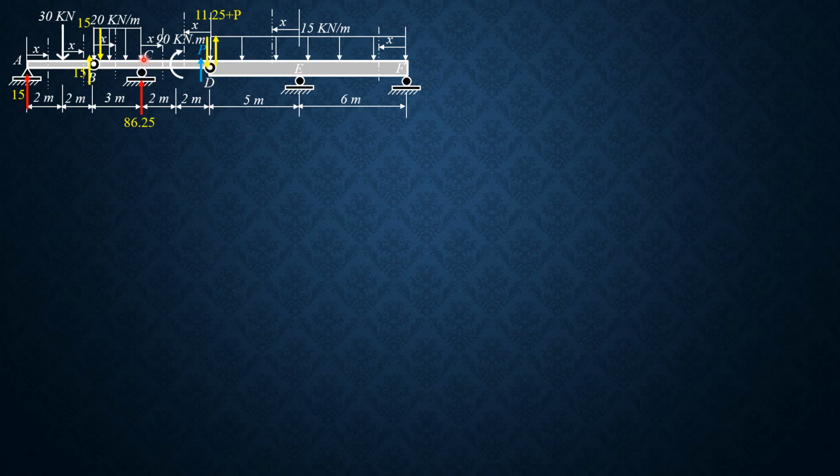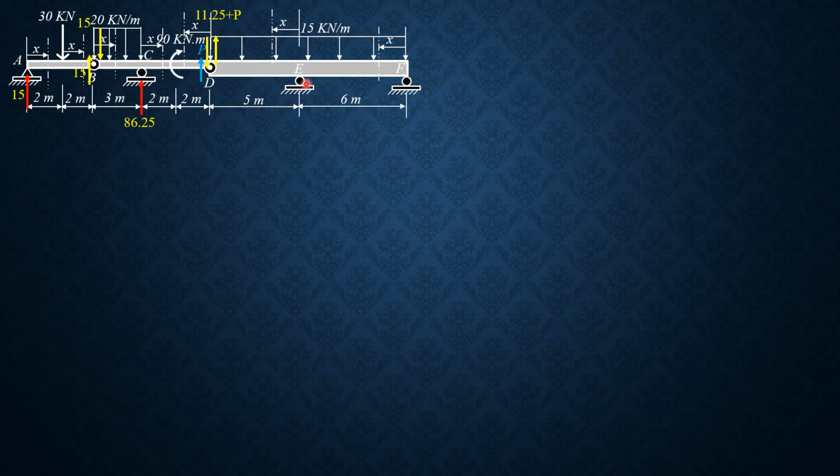Or if you sum up moment about C, just consider P. So reaction times 4 equals P times 4. That's why you have 4P over 4 is P. So here at F, summation moment E is 0. So reaction at F times 6 equals P times 5.